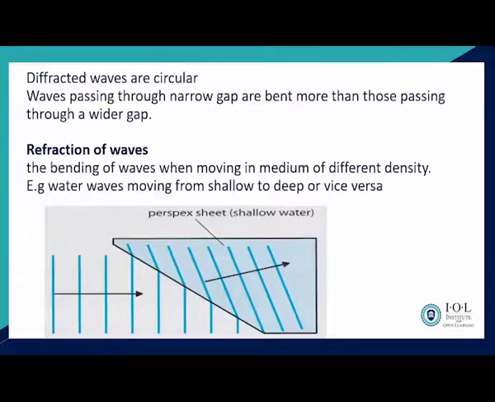Okay, we are moving on to refraction of waves. What is it? It's the bending of waves when moving in a medium of different densities. For example, water waves moving from shallow to deep, or from deep to shallow. Here I have an example of water waves moving from deep to shallow.